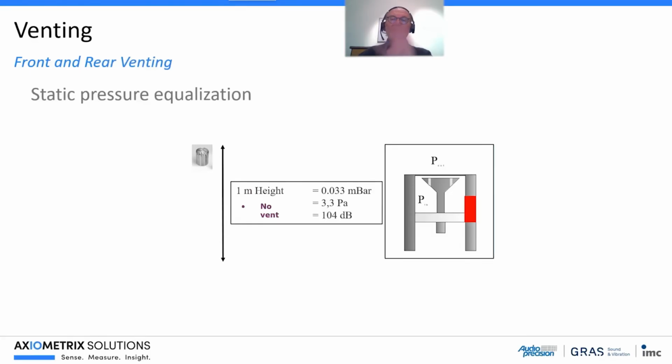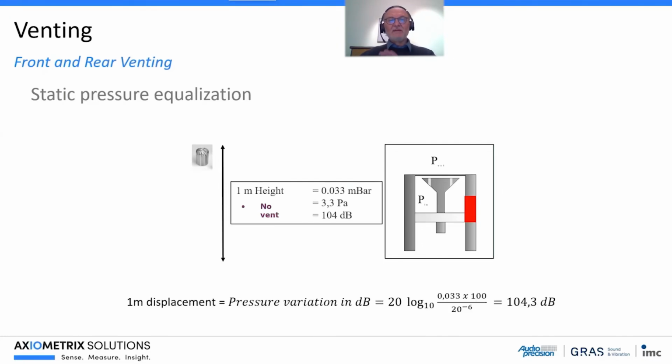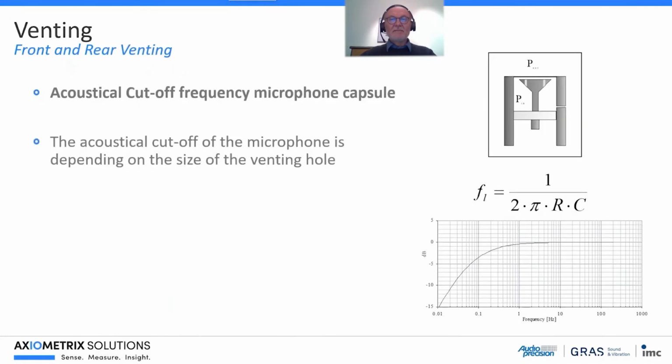If we do the calculations, it is equal to 140 dB. So by moving the microphone up and down 1 meter, we will change the sound pressure level by 140 dB. This is the reason why we need the venting.